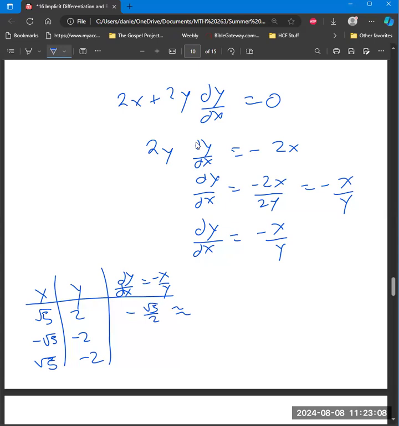The opposite of x divided by y is also going to be this, which will be the same thing, opposite sign. So it's 1.12, -1.12, -1.12 approximately.